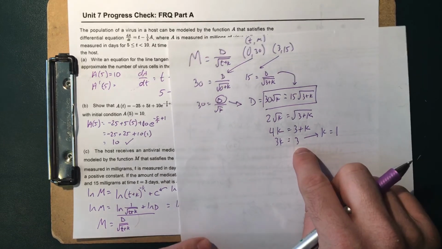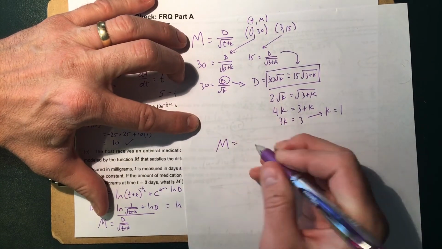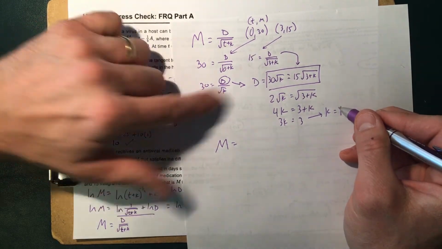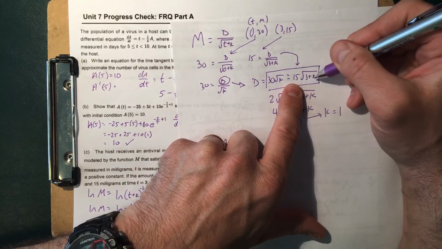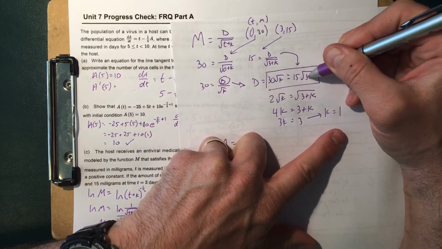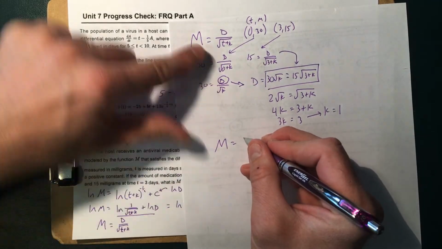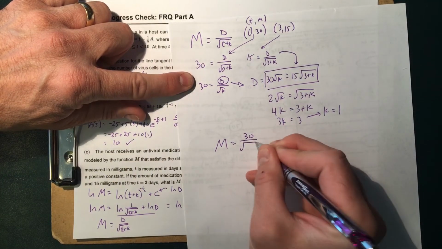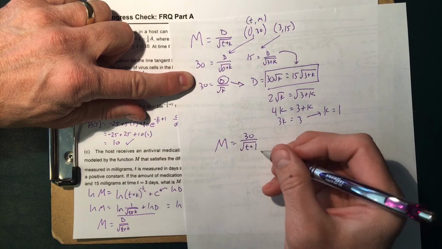That means that m is equal to, oh, well, if k equals 1 and d is 30 root 1, 30, or 15 root 4, which is 2, 30. So I guess d is 30. So m is 30 over root t plus 1, which was the k.